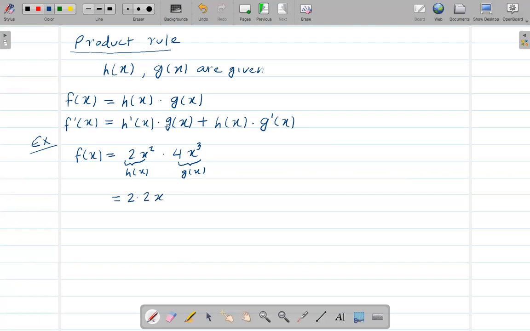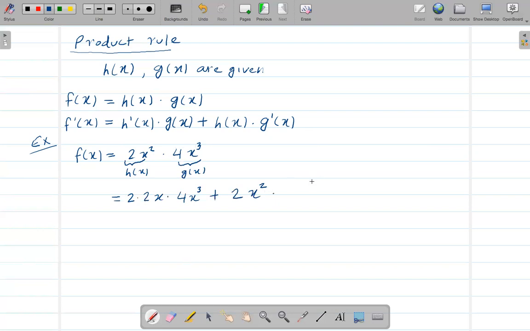Times the second equation will stay the same. The second equation we have here is 4x to the power 3, right? Plus. Now the first equation will stay the same. The first equation we have here is 2x squared, and then take the derivative of the second equation.